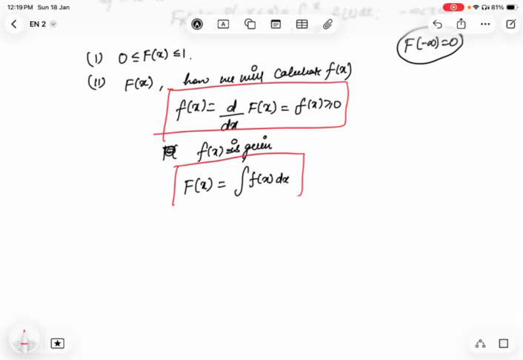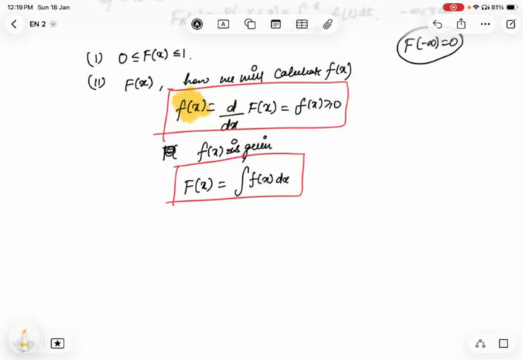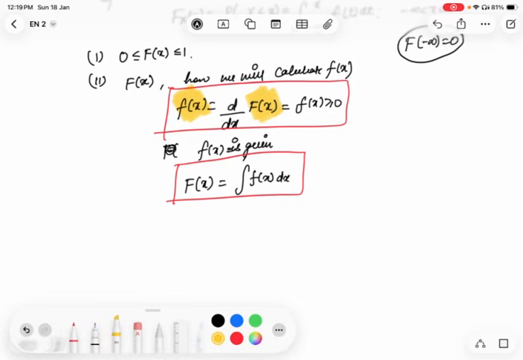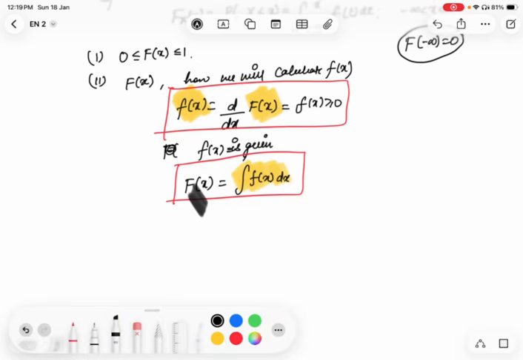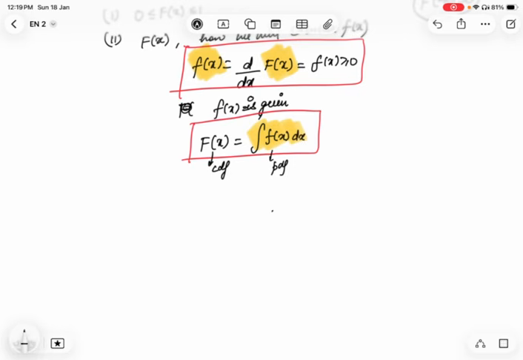This is important. Whenever F(x) is given, just take the differentiation of your cumulative distribution function and you will get your f(x). Or whenever f(x) is given, take the integration of f(x) so that you get F(x). This is your CDF and this is your PDF. So it is a relation between the CDF and the PDF.